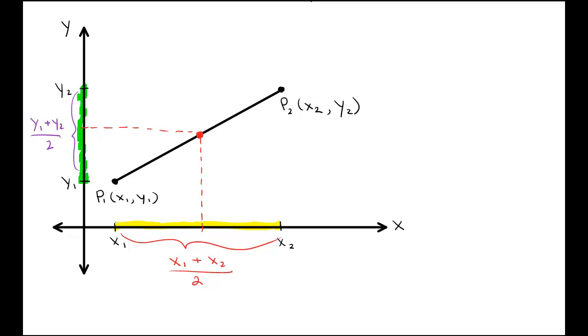So those are going to be the coordinates for my midpoint. So we're going to call my midpoint here M, and the X value is going to be X sub 1 plus X sub 2 divided by 2, comma, my Y value is going to be Y sub 1 plus Y sub 2 divided by 2.